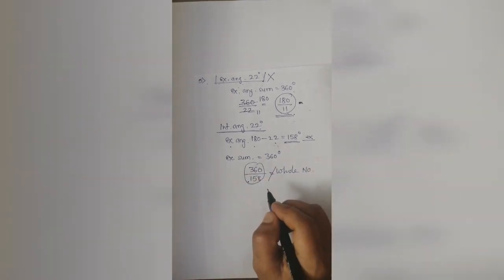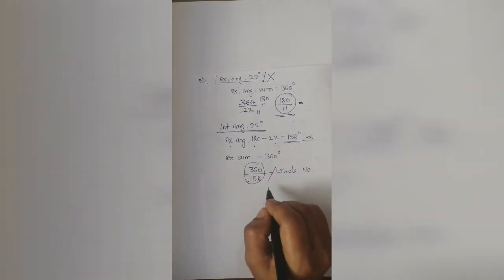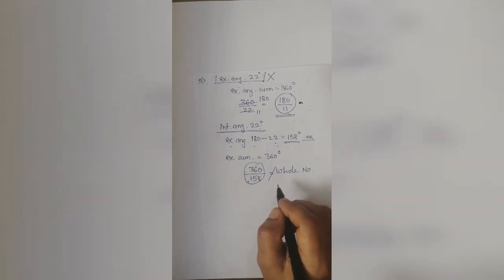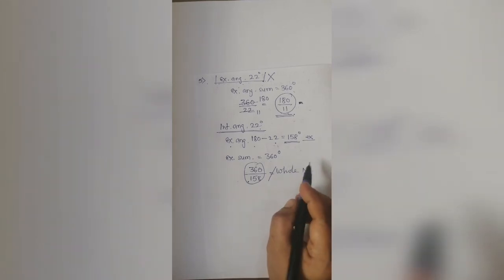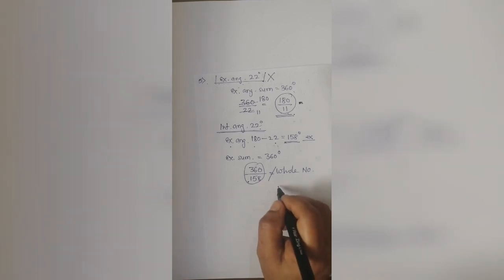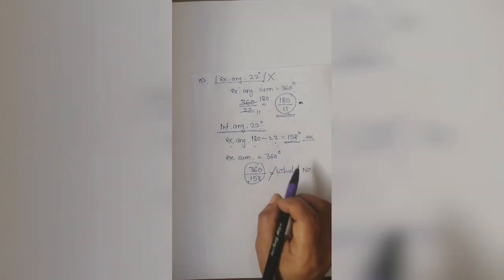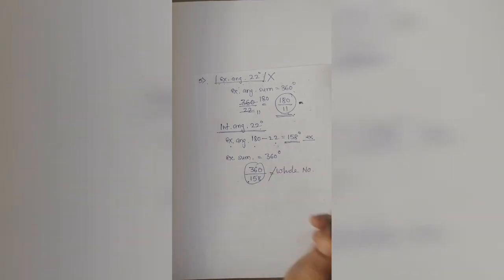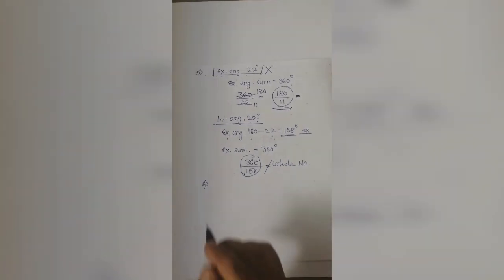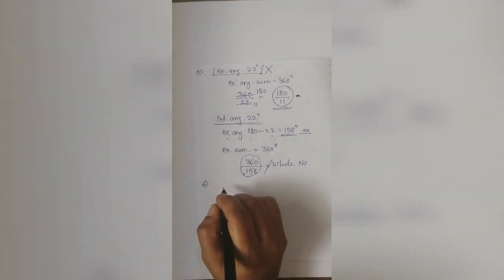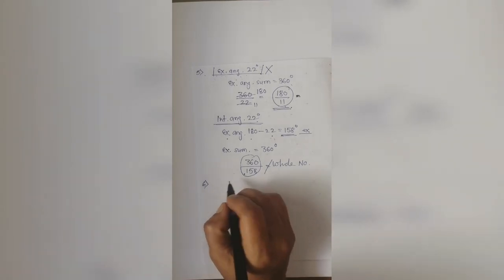Therefore, no regular polygon can have an interior angle of 22 or an exterior angle of 22. Now 6.1: what is the minimum interior angle possible for a regular polygon?